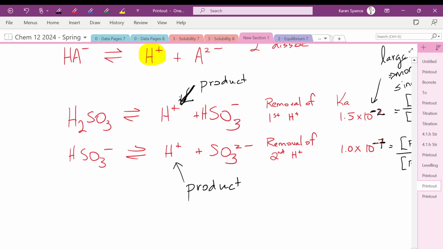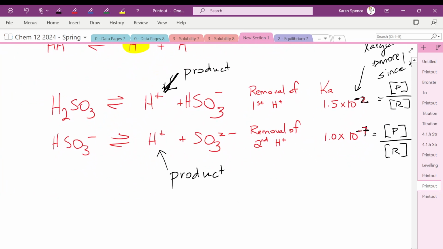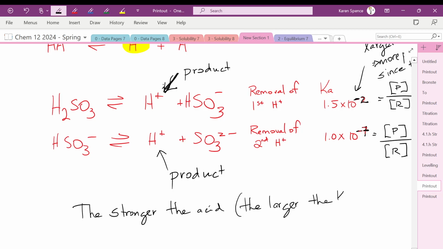Okay, the position of the equilibrium sits more to the right. So the stronger the acid, this is good stuff we're getting at here, the larger the Ka, the more the equilibrium sits towards the right.